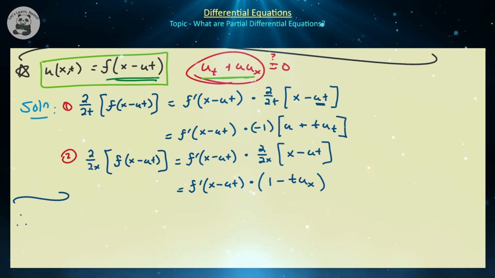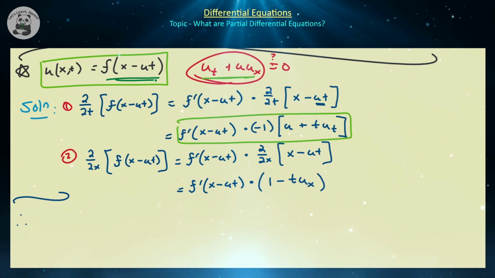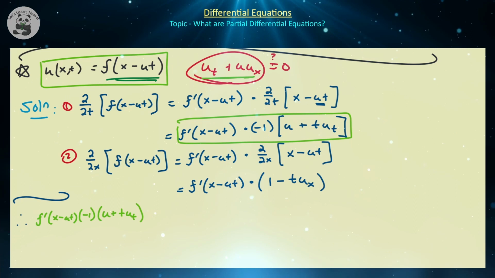So let's start with this term. We're going to have f prime of x minus ut times minus 1 times u plus t ut.